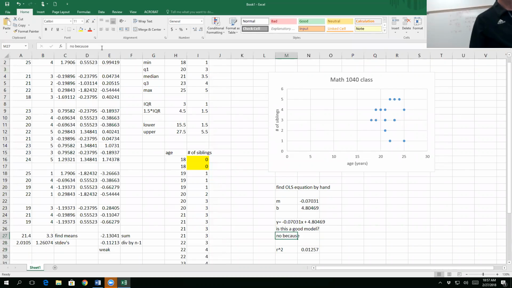No because the model explains just 1% of the variation. How did they get 1%? From the R squared value.